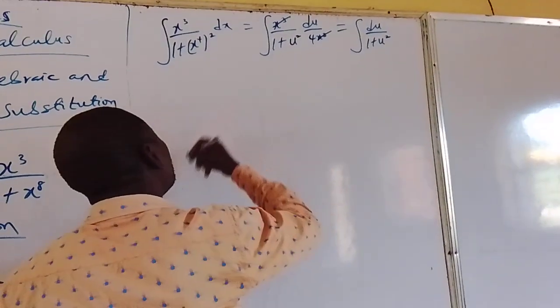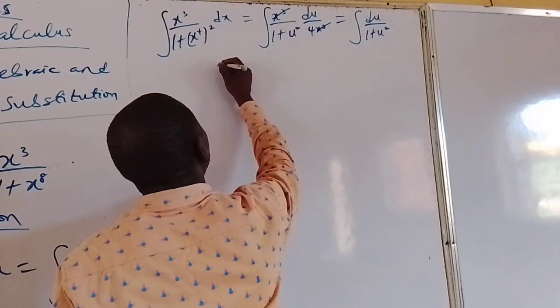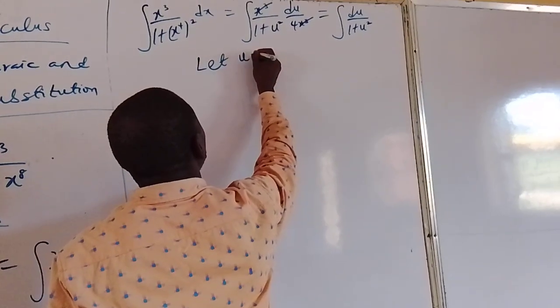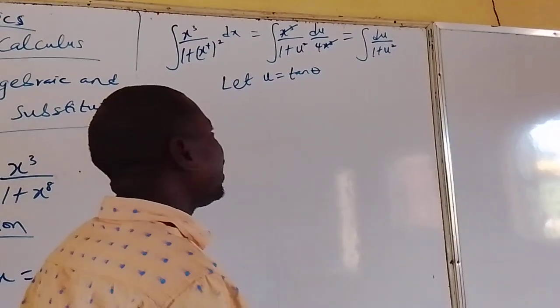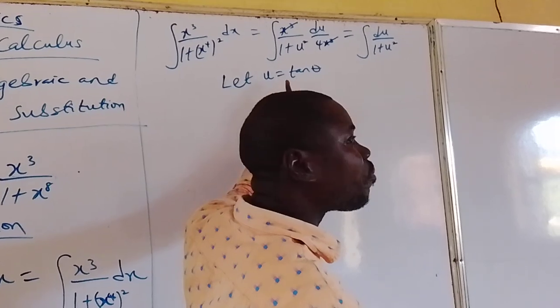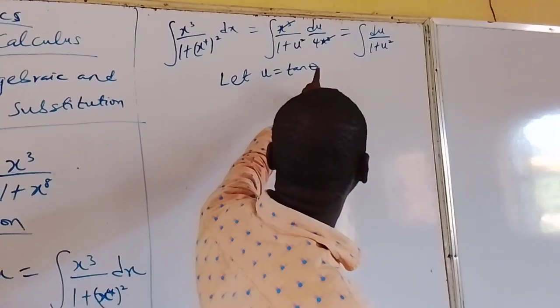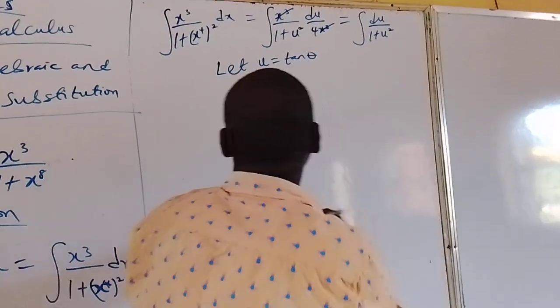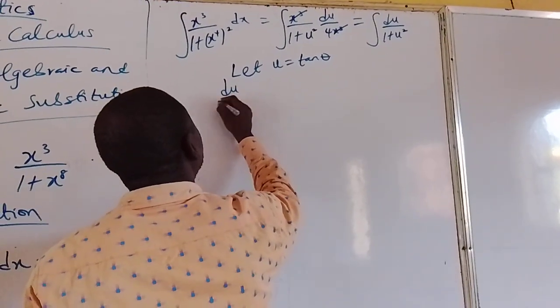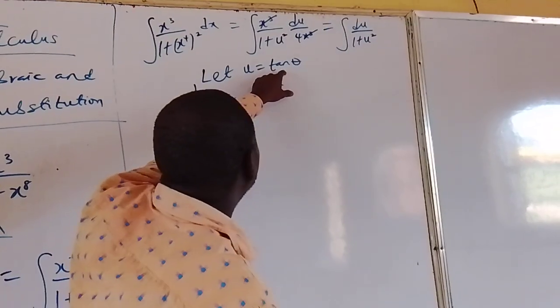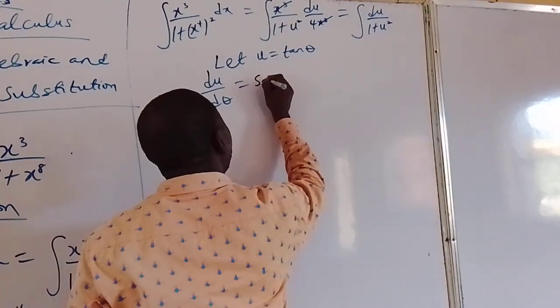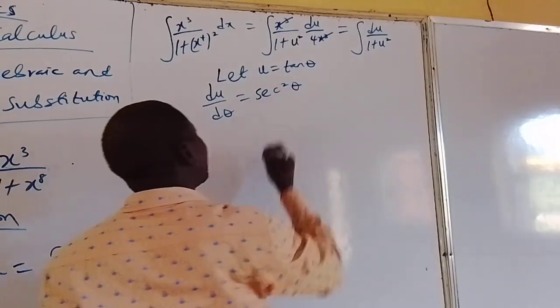So the substitution I'm going to use here is let u be equal to tan theta. If u is equal to tan theta, I'm going to differentiate u with respect to theta. So that implies that du/d theta is equal to the differential coefficient of tan theta, which is sec squared theta.